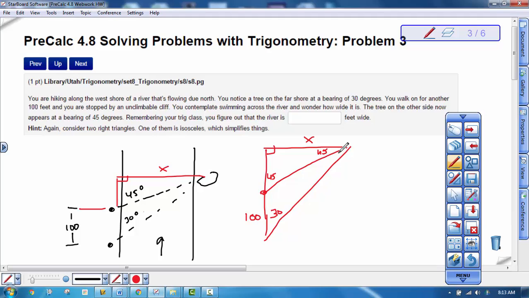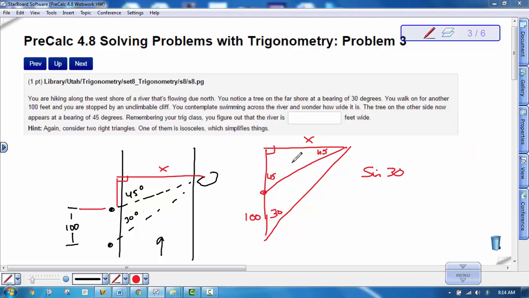What I did is I did the law of sines first, so I did sine of 30 over, I'll call this Y, equals, this angle is 135 then, which makes this angle 15. So I do sine of 15 over 100, if you remember the law of sines. And that allows me to solve for Y. And once I get Y, then I can do sine of 45 equals opposite over hypotenuse.